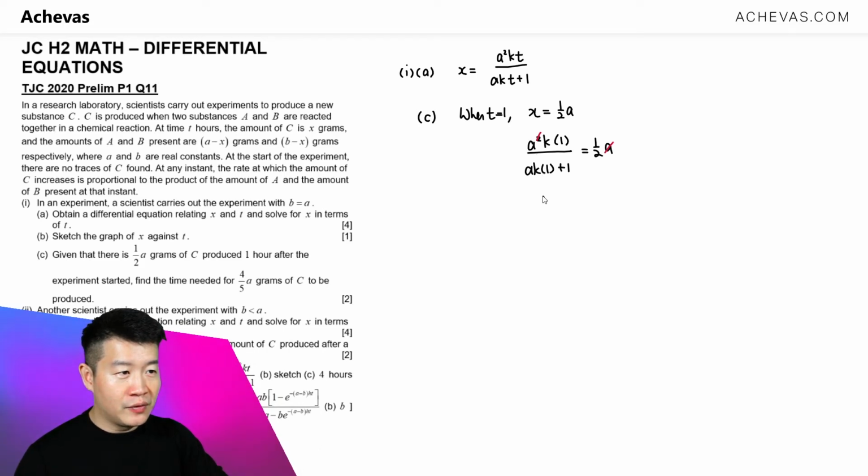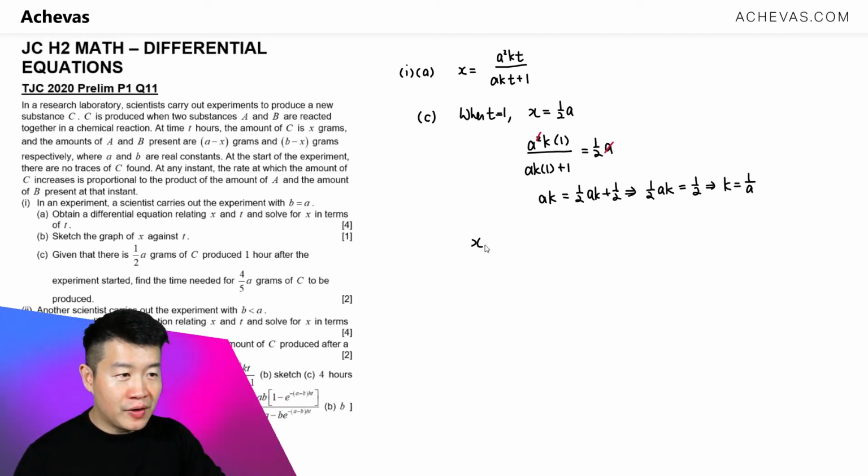So now I will have in the numerator ak. For the denominator, I'm going to cross multiply it over, so we will have half ak plus half. If I shift this back to the left hand side, you will be getting half ak, which is equal to half, which means that k is equal to 1 over a.